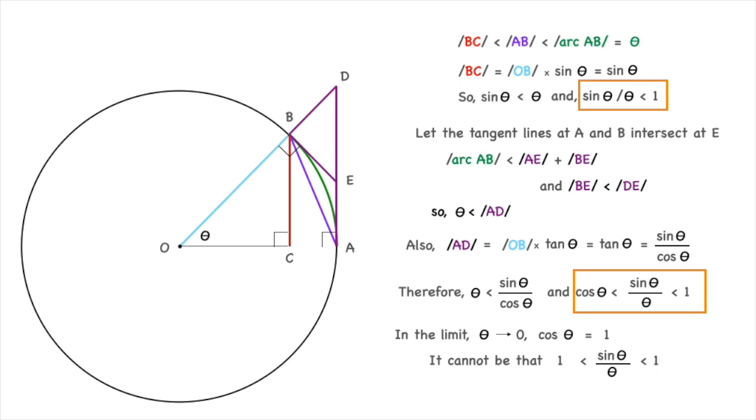So we see that the ratio of sine theta to theta gets squeezed by the other two terms in this inequality as theta goes to 0. In fact, there is something called the squeeze theorem, which allows us to state that in the limit as theta goes to 0, sine theta over theta equals 1.